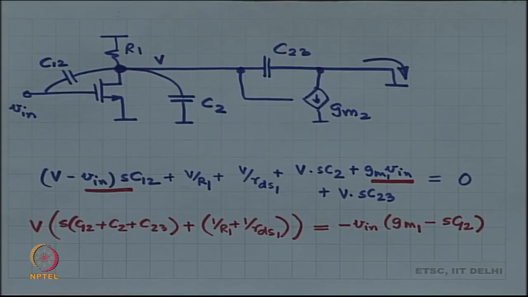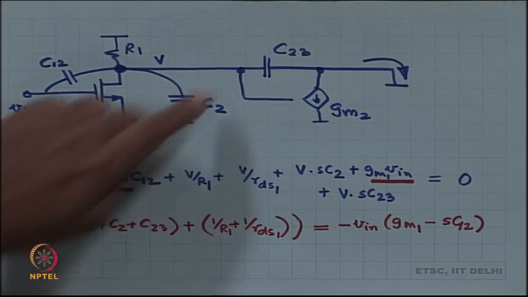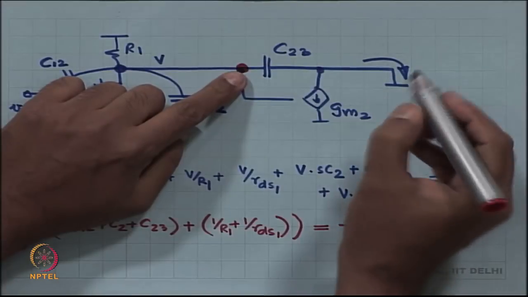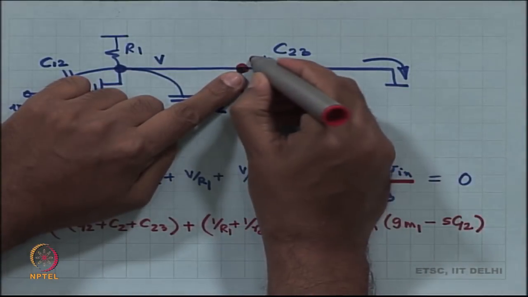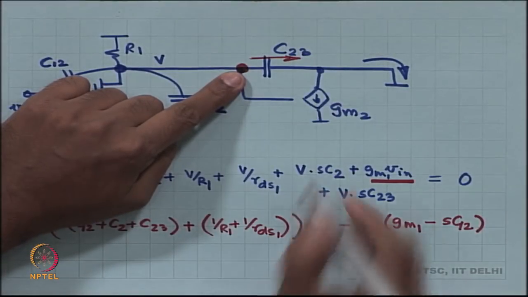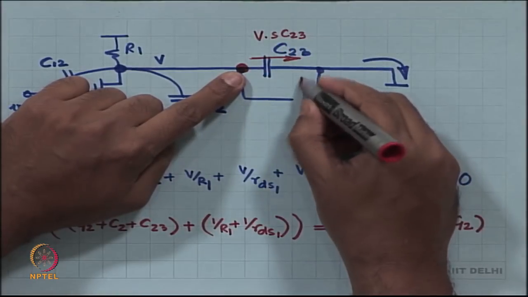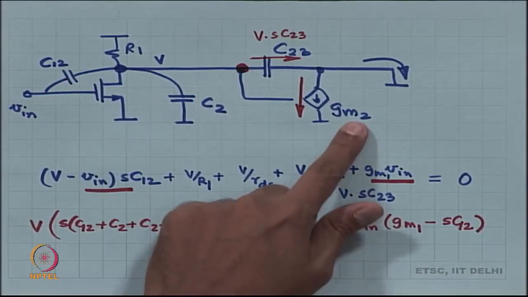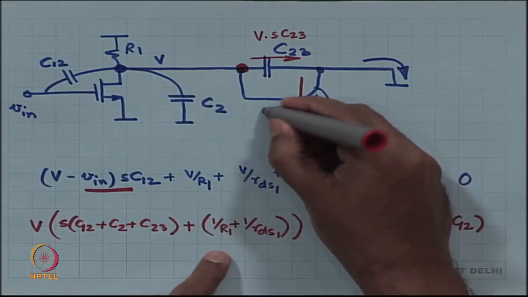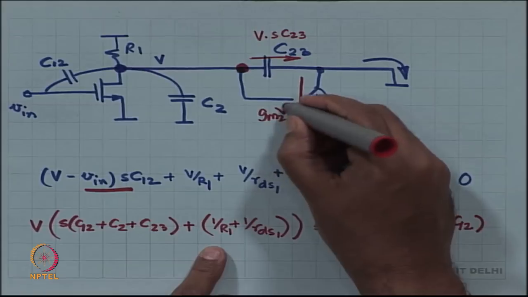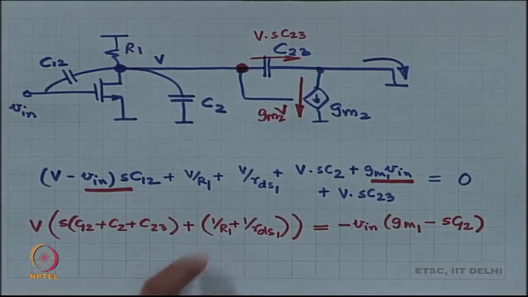I need my answer. My answer, what is my answer? If this is V, this current is V times SC23, this current is GM2 times V. So, what is the short circuit current?